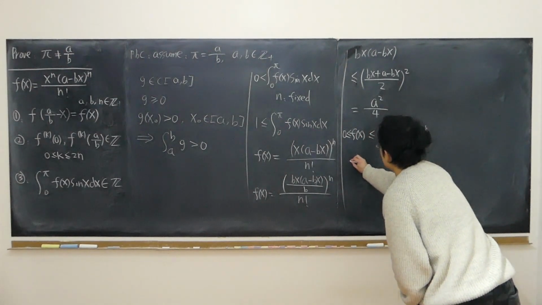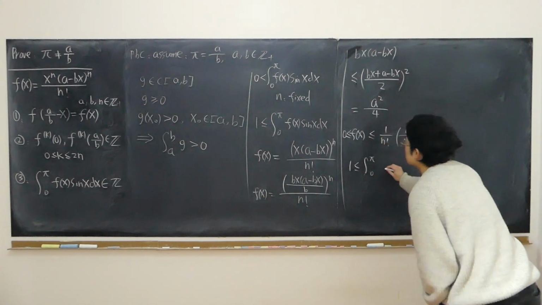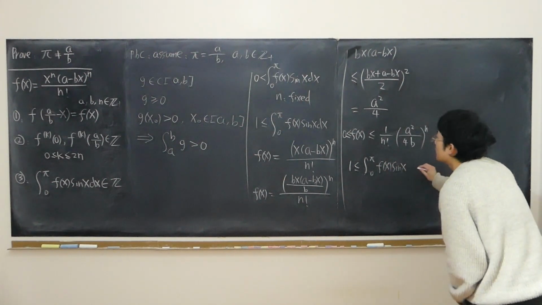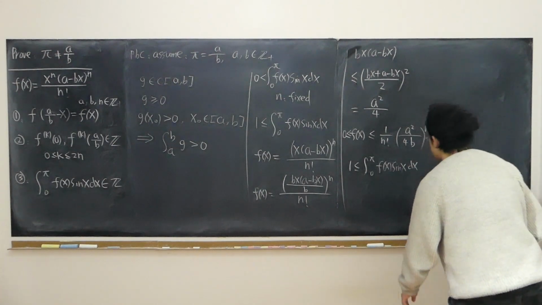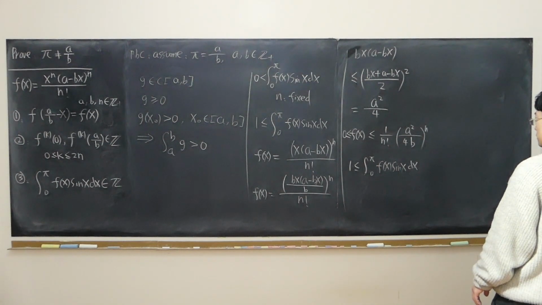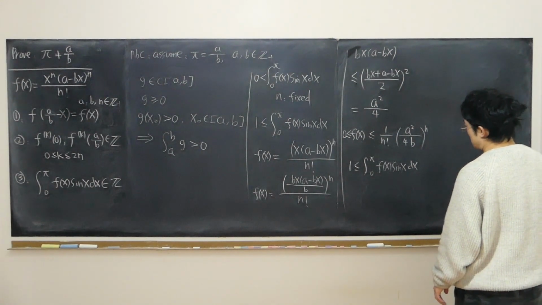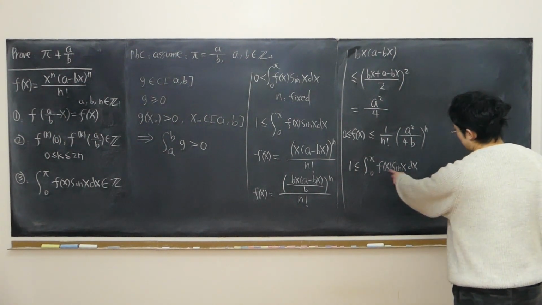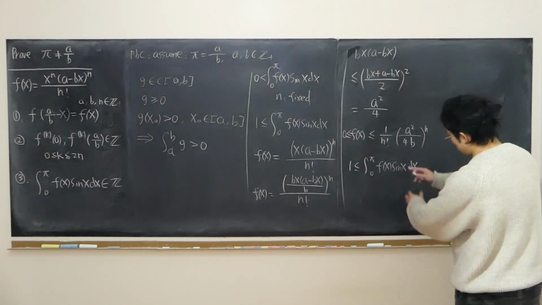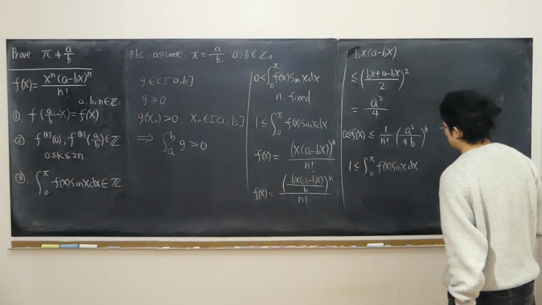So 1 is less than or equal to the integral from 0 to pi of f of x sine x dx. First of all, maybe I want to replace sine x with just 1. Sine x in this region is between 0 and 1. If I replace sine x with 1, it's further loosened. I also replace f of x with this value, also further loosened.